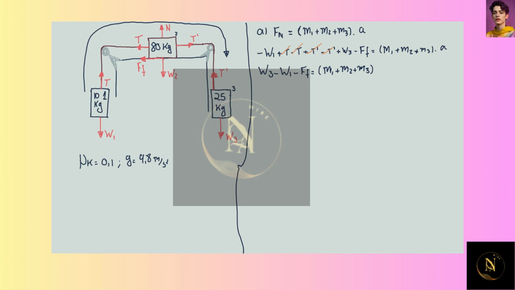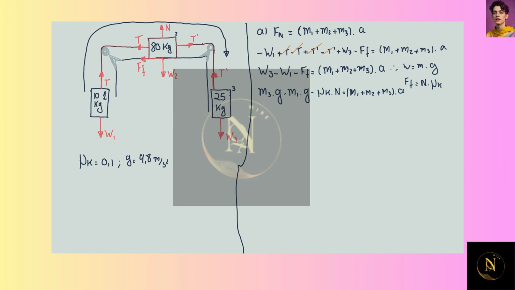Remember that we can write the weight force as mass times the acceleration of gravity. So m3 times g minus m1 times g minus the frictional force. The system is moving, so the frictional force is given by the normal times the kinetic friction coefficient. So we have minus mu_k times the normal force equals m1 plus m2 plus m3 times a.